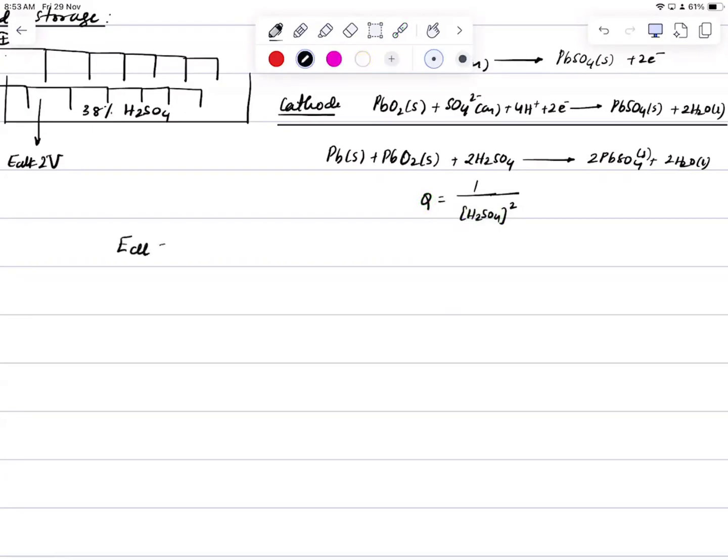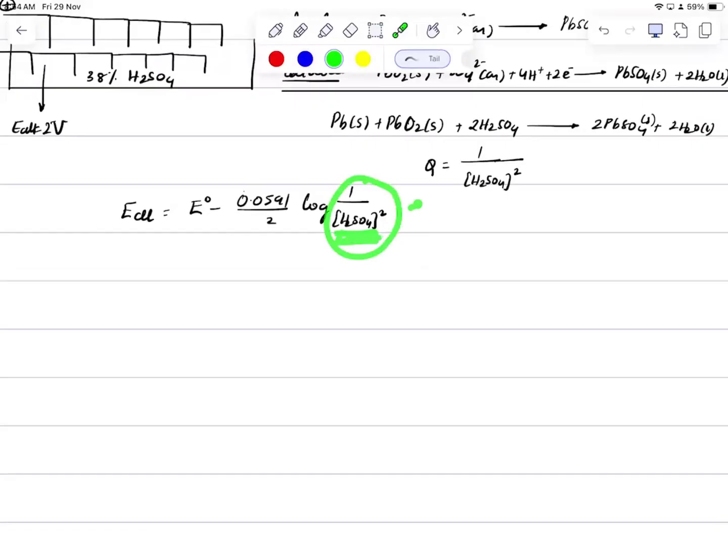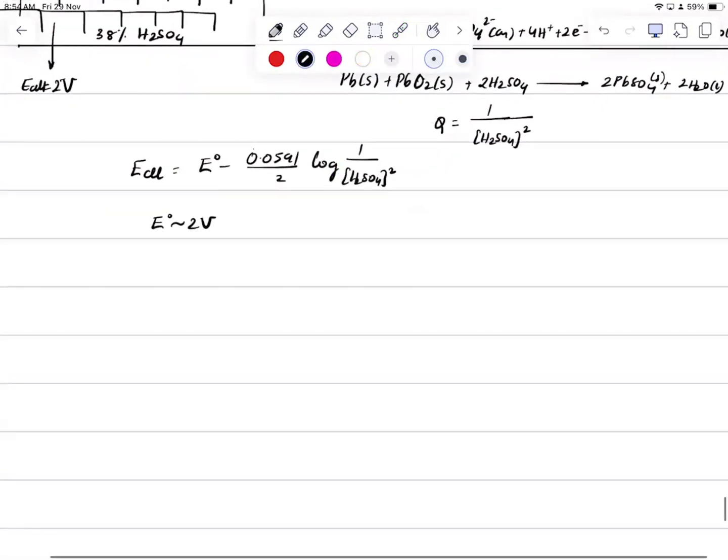So E cell will be equal to E naught minus 0.0591 by 2 log of 1 by H2SO4 whole square. Correct? So higher the concentration of H2SO4, Q will be lesser than 1 and E cell will be greater than E naught. And generally the E naught value which it will produce is around 2 volts.